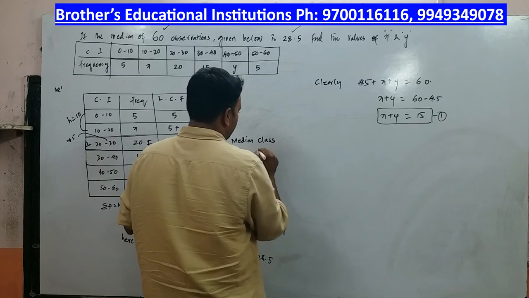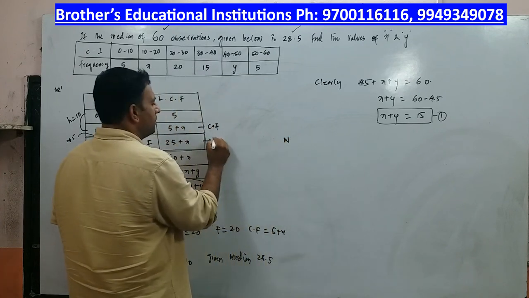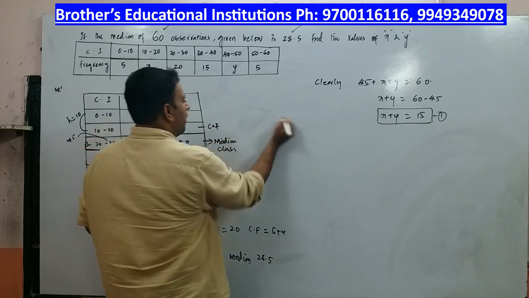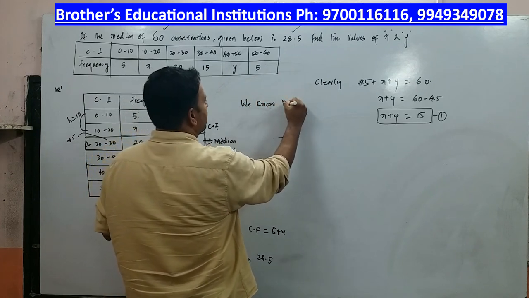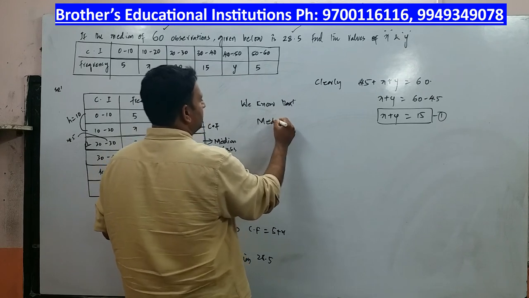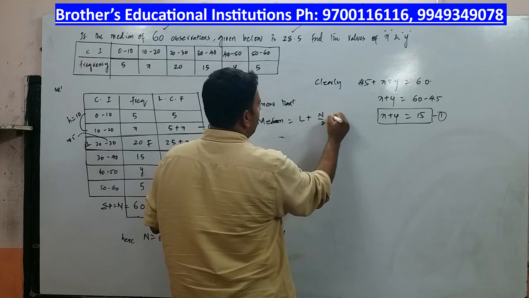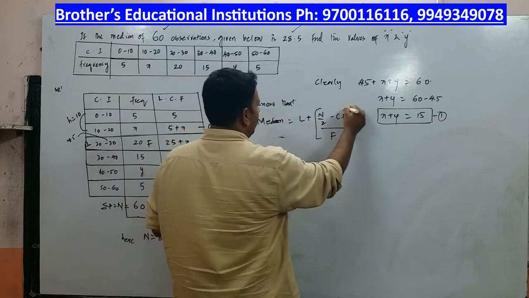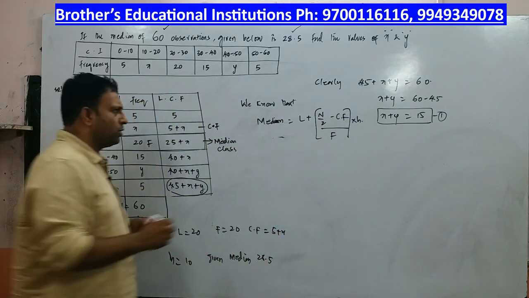Let me write this in a short manner. This is the median class. Now I will write, we know that median is equal to L plus (n by 2 minus cf) by f, in brackets, into h. Now what is the median given to you? Median is equal to 28.5.